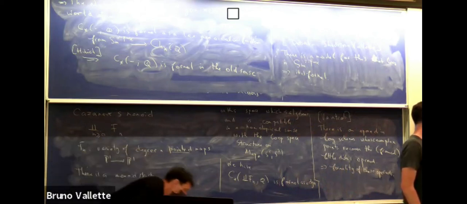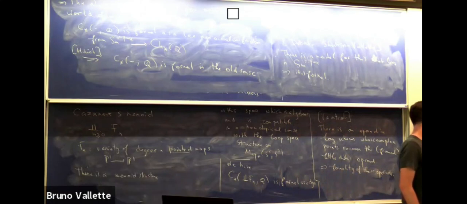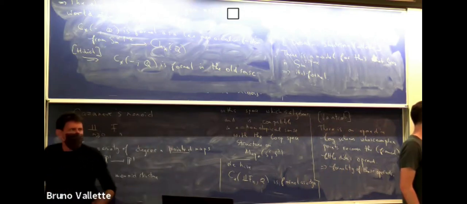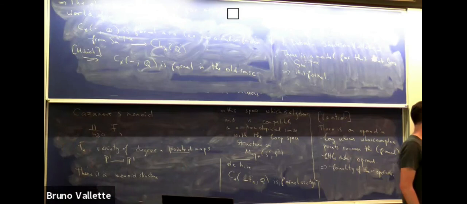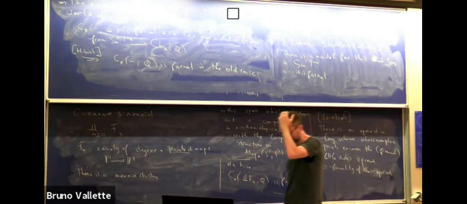How do the mixed Hodge structures on the cohomology interact with the minimal C infinity structure, in the cases when this is non-trivial? Maybe this is more a question for Joanna. Maybe she can answer this question.